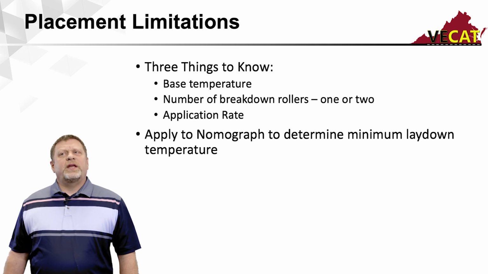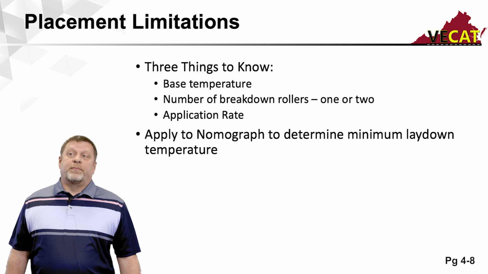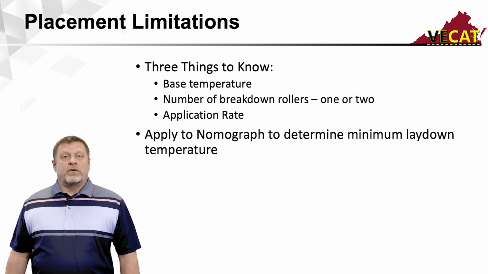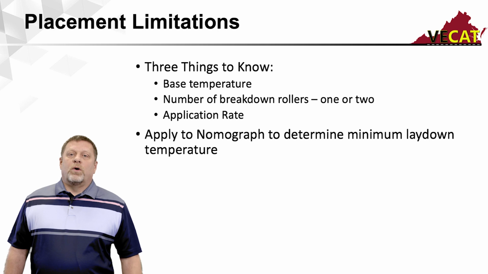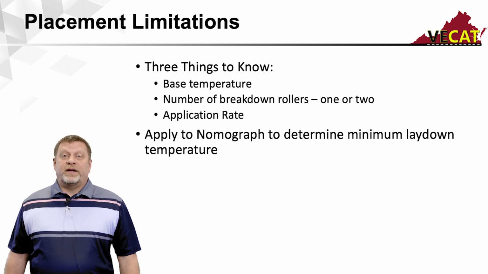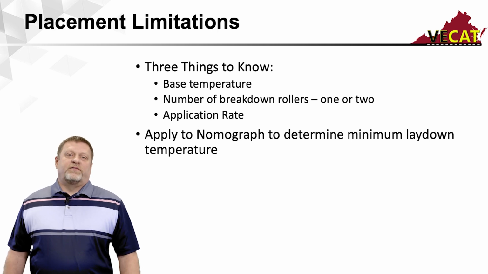So there are three things we need to know that affect placement limitations. One, I'm using the term base temperature here, or it could be surface temperature, that I'm getting ready to apply the mix to. That's all the same. The second thing is the number of breakdown rollers, whether it be one or two. If you only have one roller in the breakdown portion of your roller pattern, then you have different limitations than if you have two.